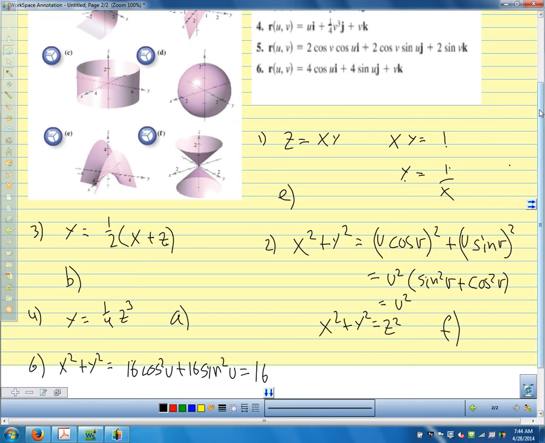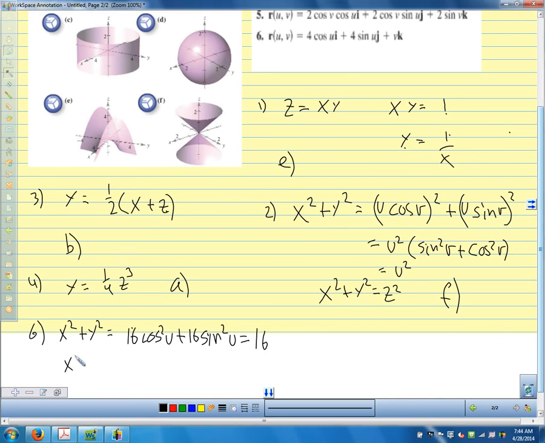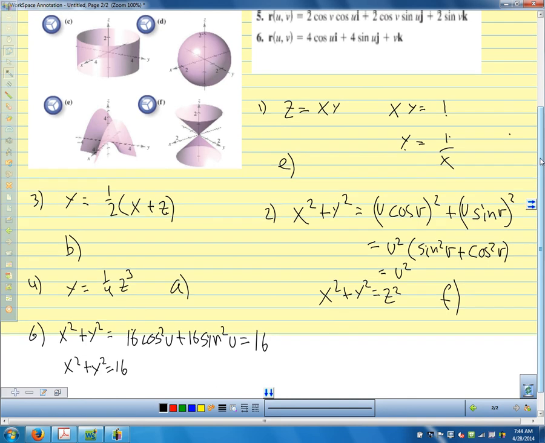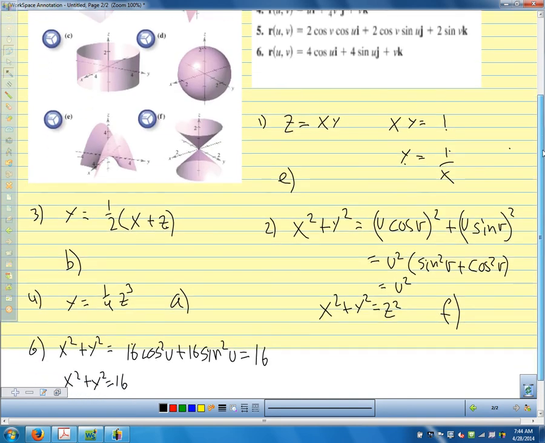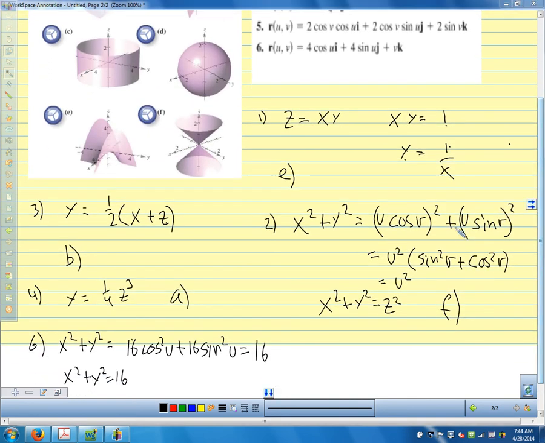So our surface is x squared plus y squared equals 16 for any z. So what is that one? That's C. That's a cylinder. Almost. We've almost got to the sphere now. So that's why I want to do this one last.